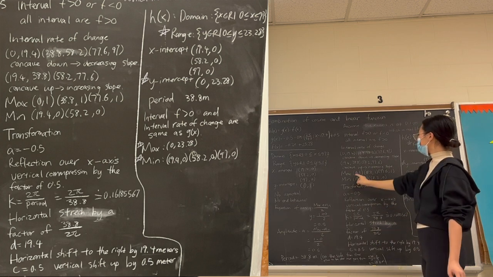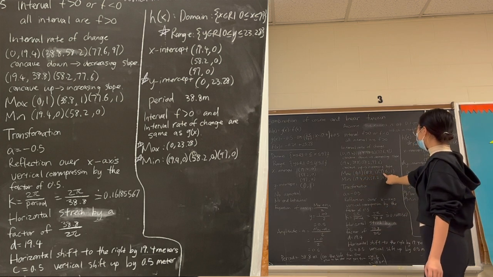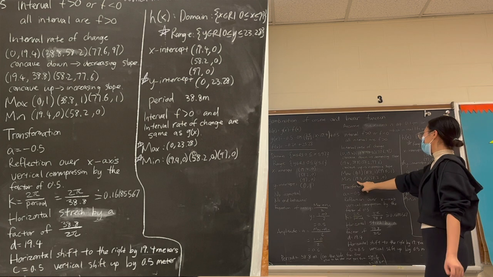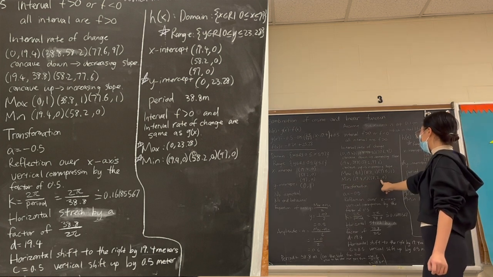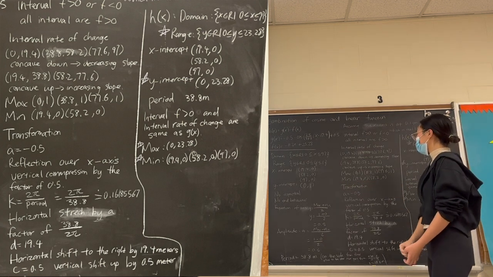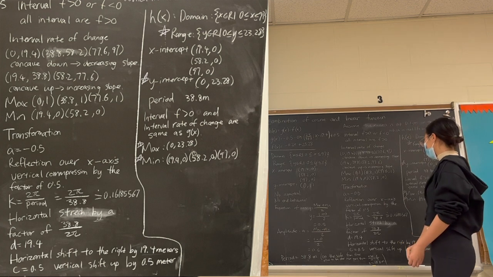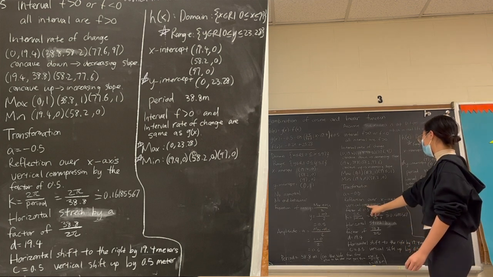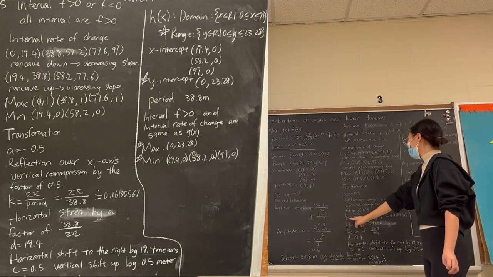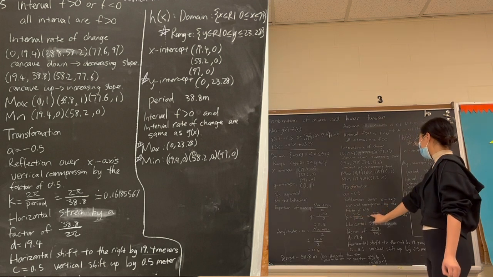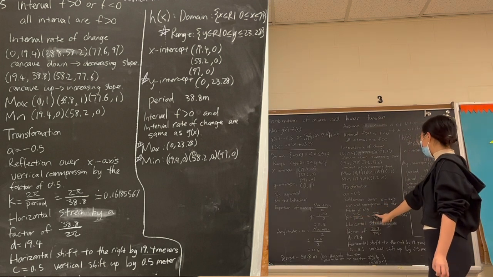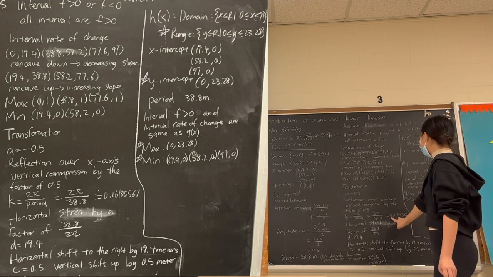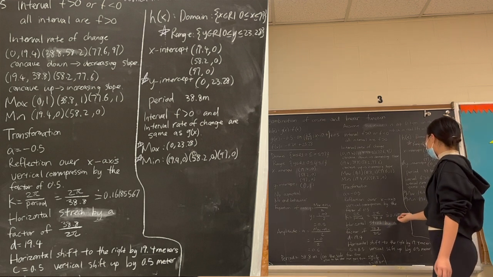And the maximum points are 0, 1 and 38.8, 1 and 77.6, 1, and the minimum points are 19.4, 0 and 58.2, 0. The transformation is negative 0.5, which means reflect over the x-axis, and there's a vertical compression by a factor of 0.5. And the k is 2 pi over the period for cosine, so that's 2 pi over 38.8 meters, that's 0.1618.